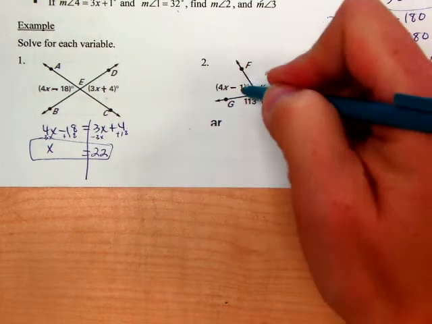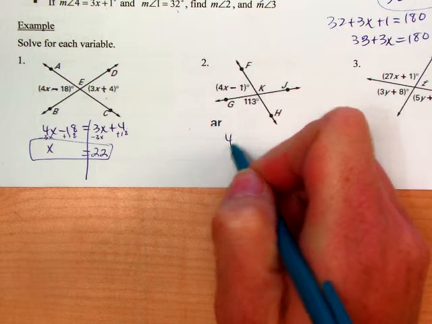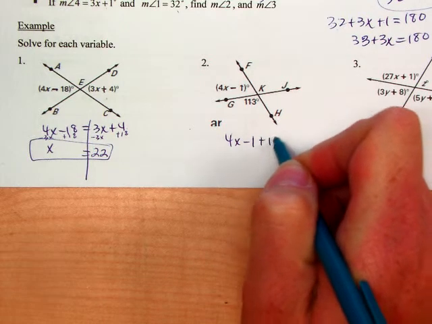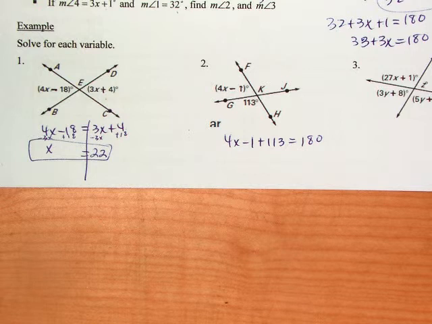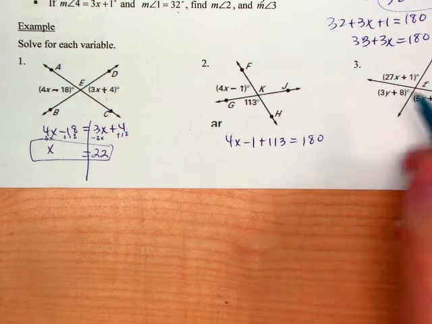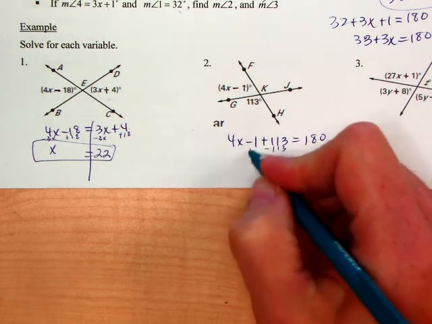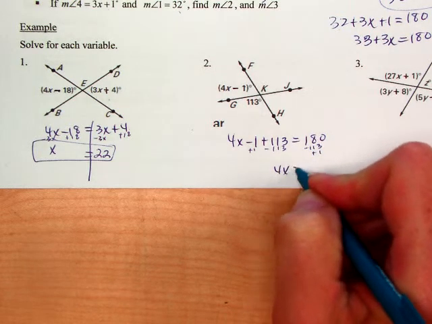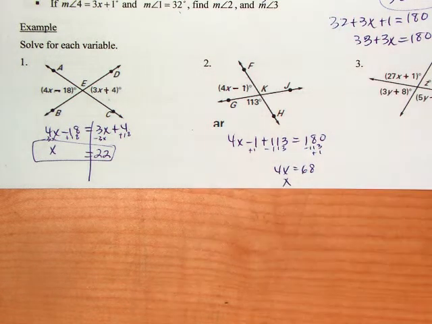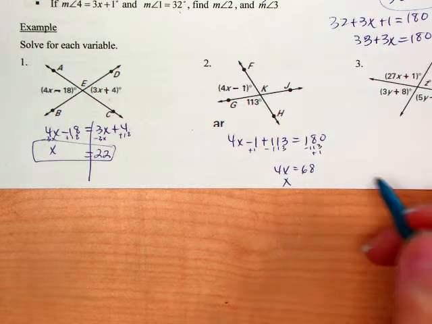These are linear, so that means that 4x minus 1 has to add up with 113 to equal 180. So you're going to first subtract your 113 over and add your 1. And you end up with 4x equaling 68. And then when you divide by 4, you end up with x equaling 17.